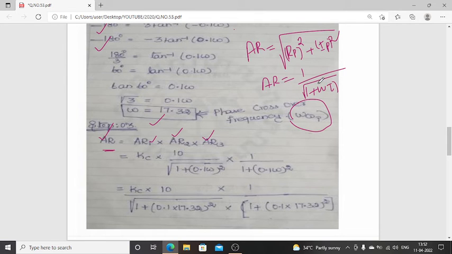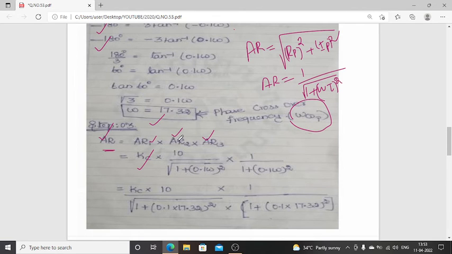Now take the first transfer function, that is Kc. AR1 is equal to Kc. Here there is no imaginary part, so only the real part. The root of Kc squared is equal to Kc. So amplitude ratio is equal to Kc. This is the first transfer function, that is AR1.